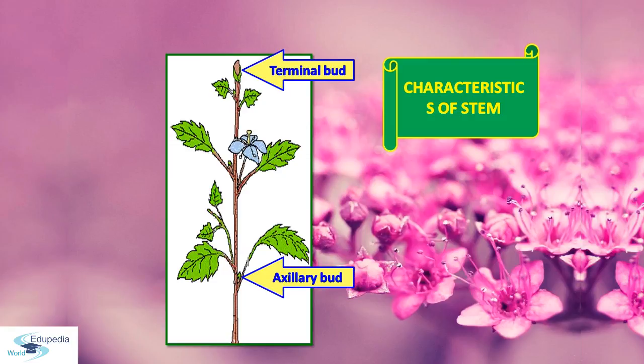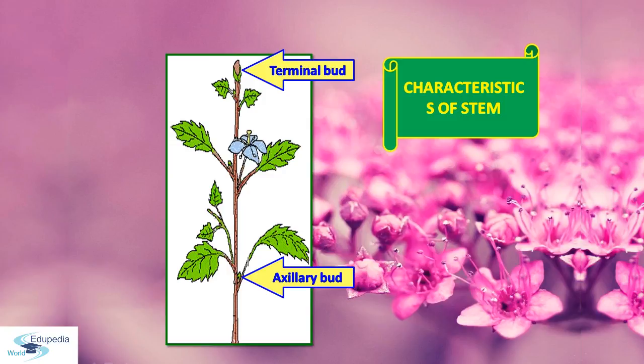Your stem has a terminal bud. Terminal bud is also known as apical bud, which is found at the apex of a stem. And it also has another bud which is known as axillary bud. Axillary bud is found in the axil of the leaf.